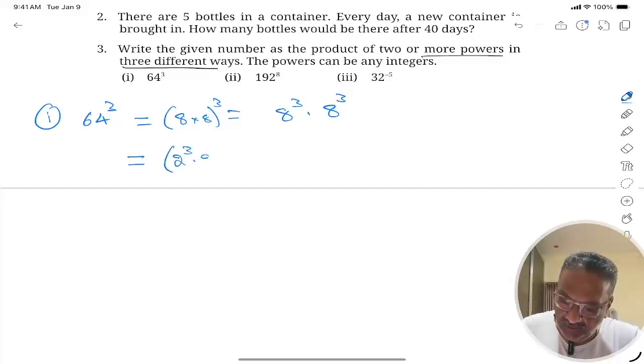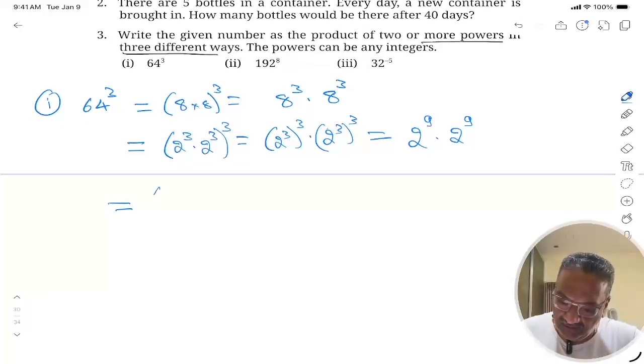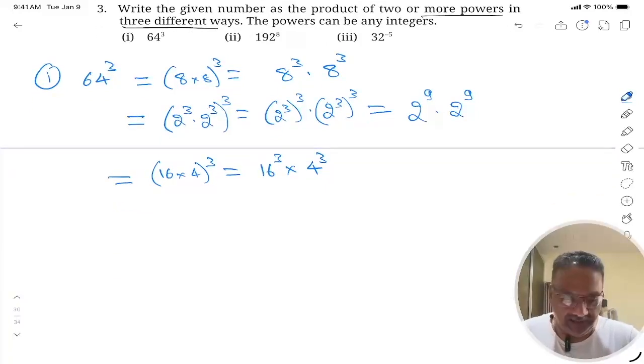So 2 cube into 2 cube to the power of 3 equals 2 cube to the power of cube into 2 cube to the power of cube, or you have 2 to the power of 3 into 3 is 9, 2 to the power of 9 into 2 to the power of 9. This is another way of writing it. We can also write 64 as 16 into 4 cube, which is equal to 16 cube into 4 cube. This is another way of writing it.